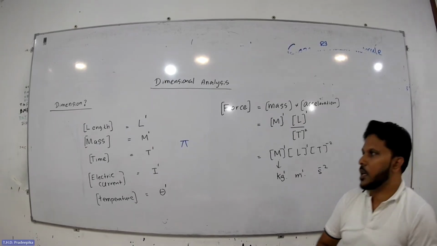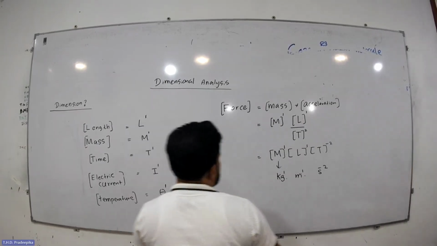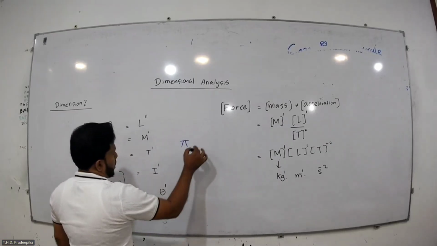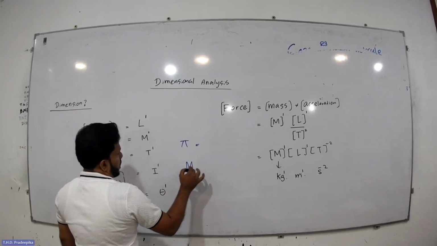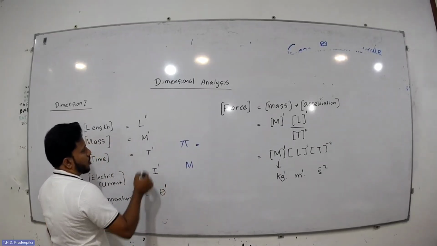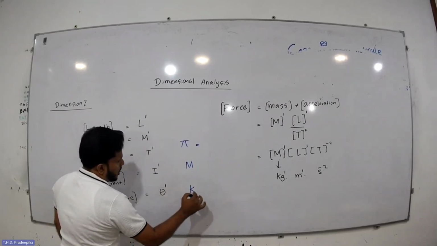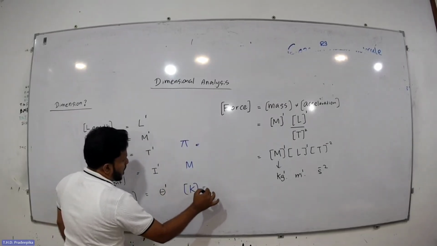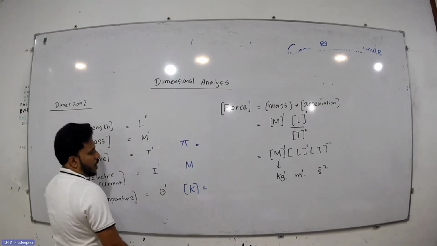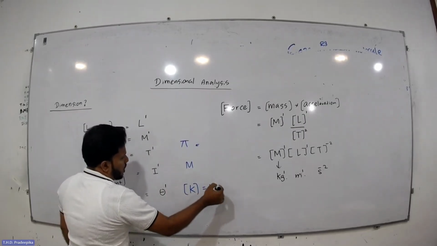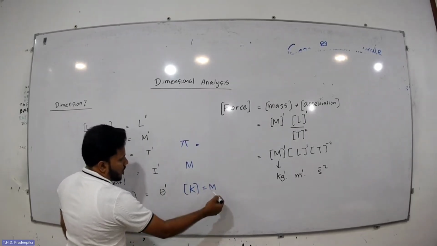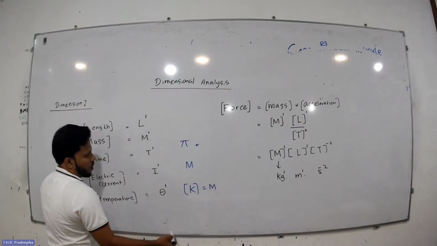Dimensions, which is actually an exponent. What is the exponent of? If some physical quantity, let's take it as k, is dimensionless, that means what is the exponent of mass? What is the dimension of mass there?